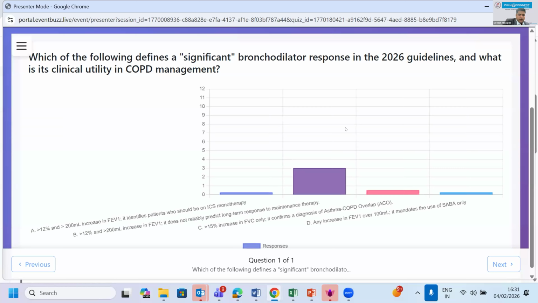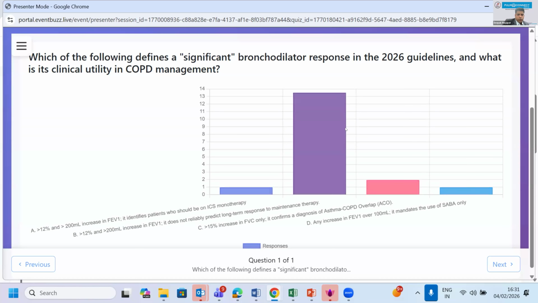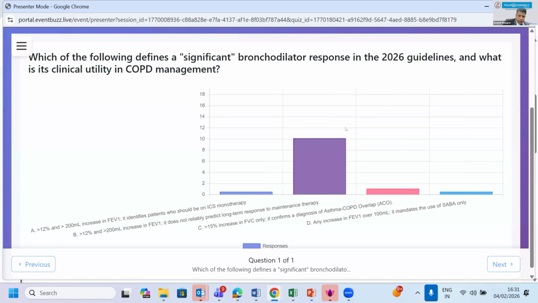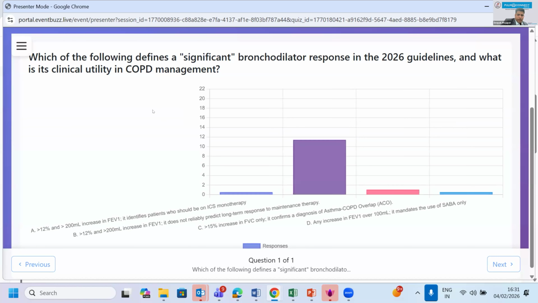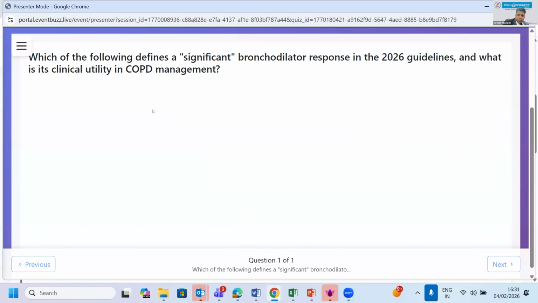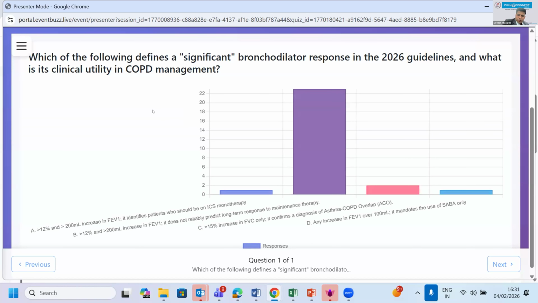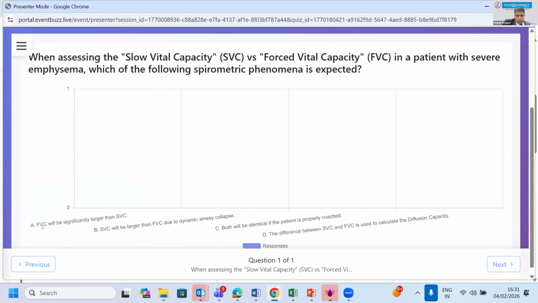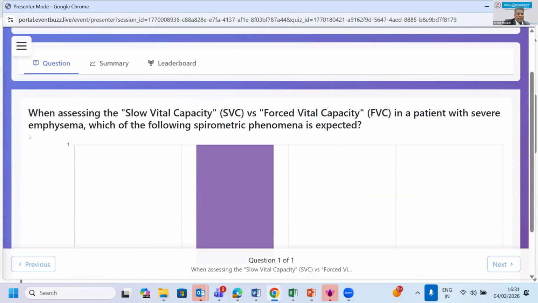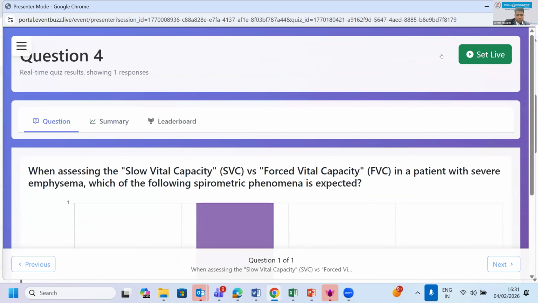The second option is, more than 12% and more than 200 ml increase in FEV1, and it does not reliably predict the long-term response to maintenance therapy. The third option is, more than 15% increase in FVC only, and it confirms a diagnosis of asthma-COPD overlap. The last option is, any increase in FEV1 over 100 ml; it mandates the use of SABA only. Dr. Talwar already discussed this also. So now moving to the fourth question.